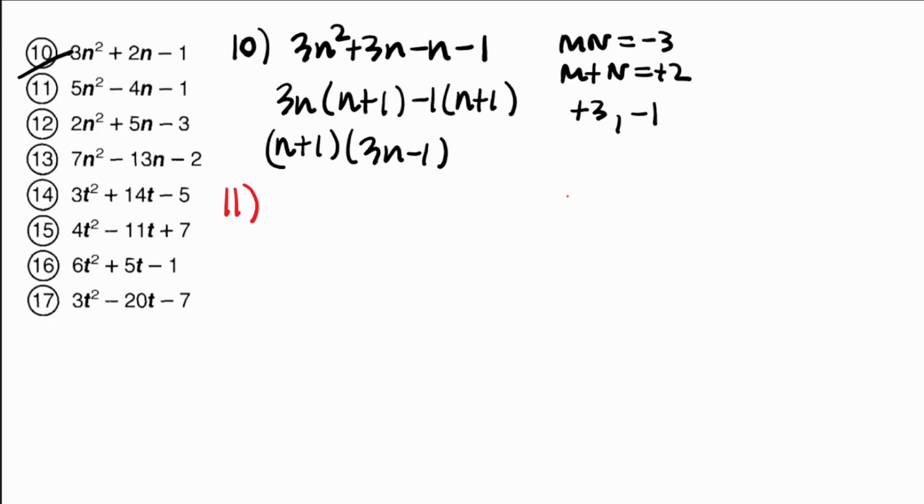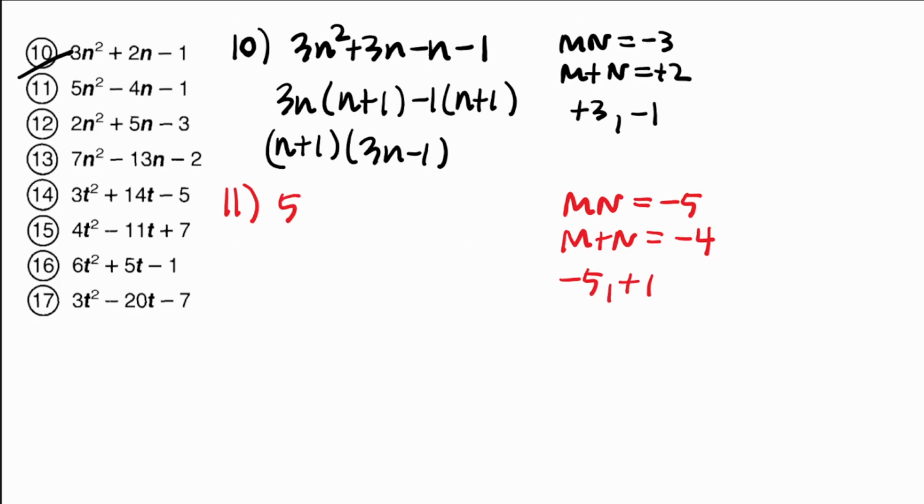With 11, I'm looking for two numbers that multiply to 5 times negative 1 and add to negative 4. I'm thinking it's going to be 5 and 1 somehow. Negative 5 plus 1.